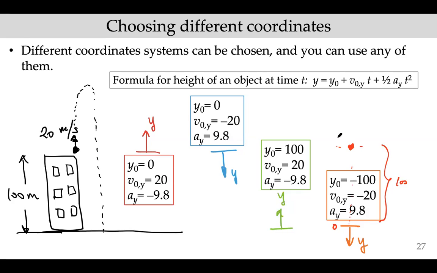So this point with respect to this coordinate system becomes negative 100. So that's why the initial position is negative 100. Initial velocity is 20, but the sign is negative because down is positive and up is negative. And the gravity of Earth is positive because of this definition. So that's all for this chapter. Thank you for listening.